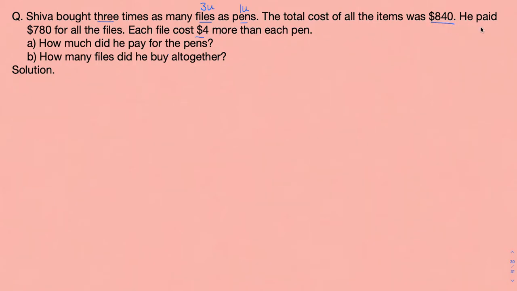Out of these $840, he paid $780 for all the files. And we also know that the cost of each file is $4 more than the cost of each pen. Given this, we have to find how much he paid for all the pens, and how many files he bought altogether.